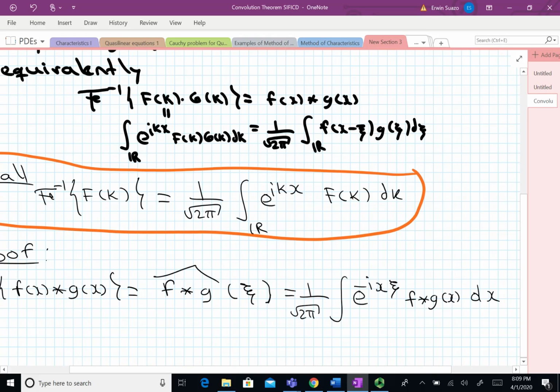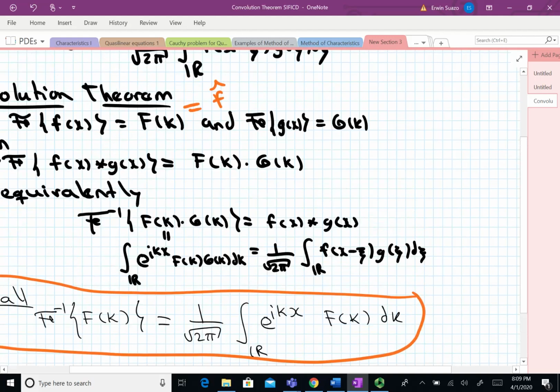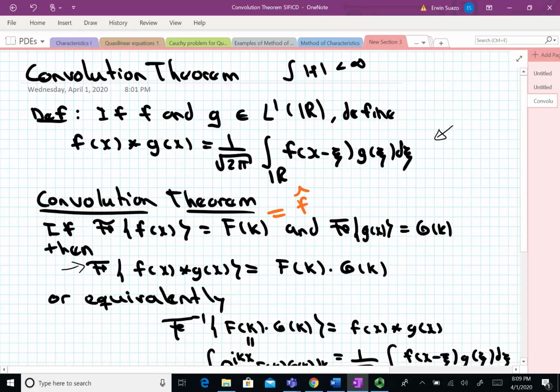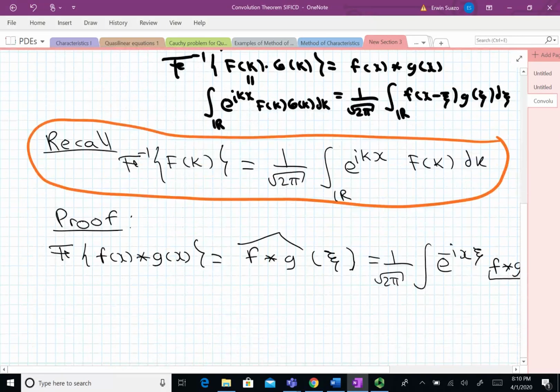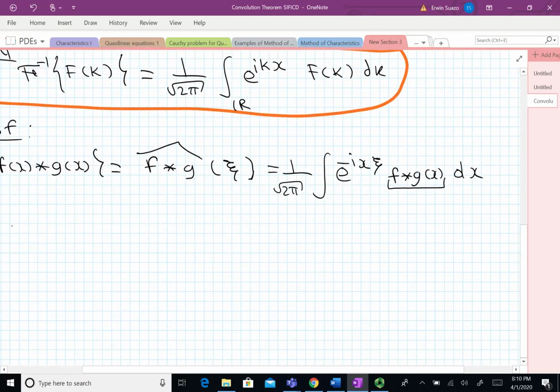I'm just applying my definition of Fourier transform. But now this guy has its own definition, that's the convolution. So I have to apply that definition. By definition of convolution, I have to do the following.